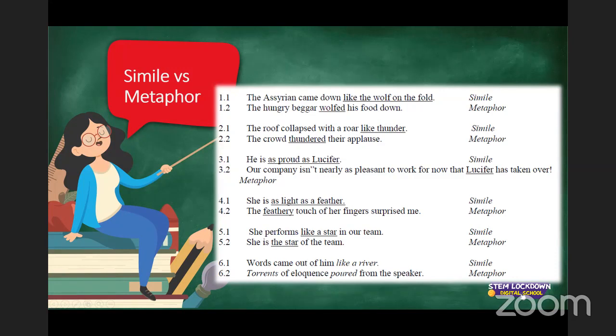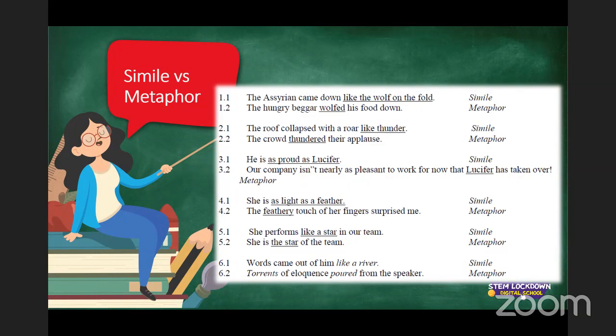If you look at the metaphors, never mind the similes for now: the hungry beggar wolfed his food down. The crowd thundered their applause. Our company isn't nearly as pleasant to work for now that Lucifer has taken over. That's a metaphor as well.